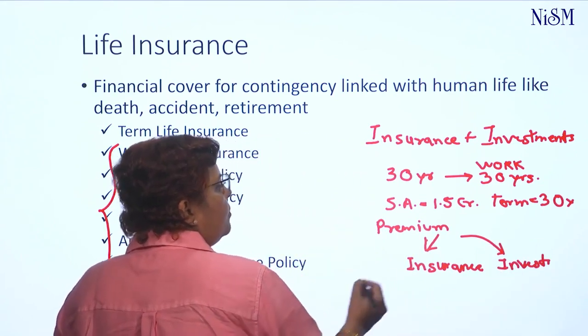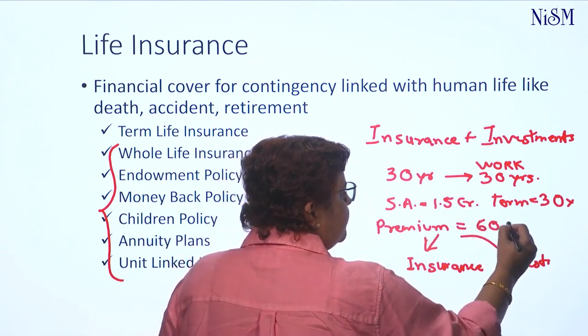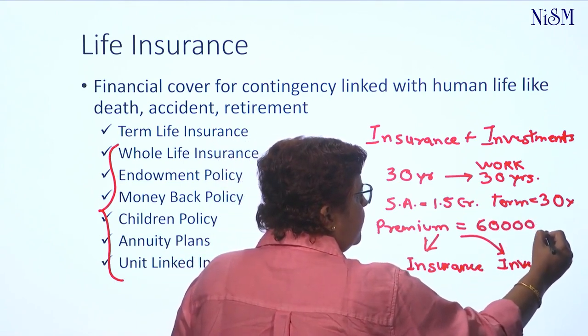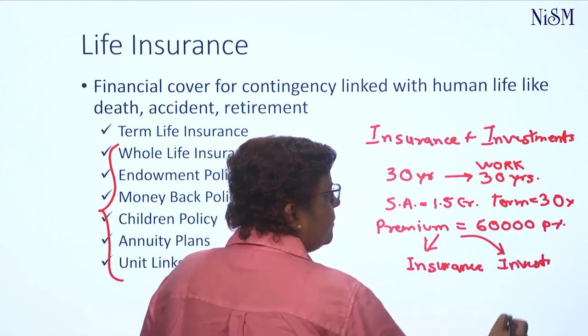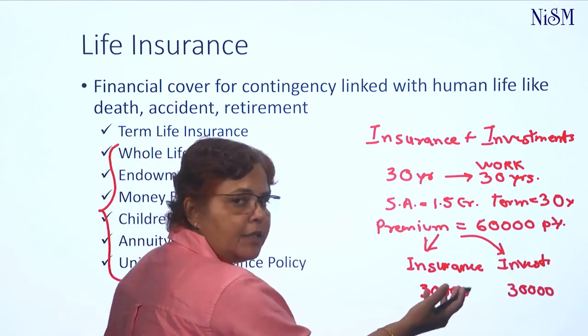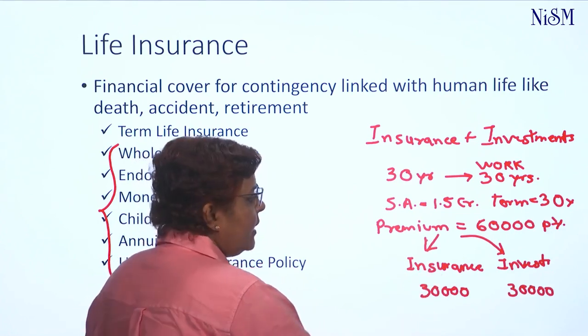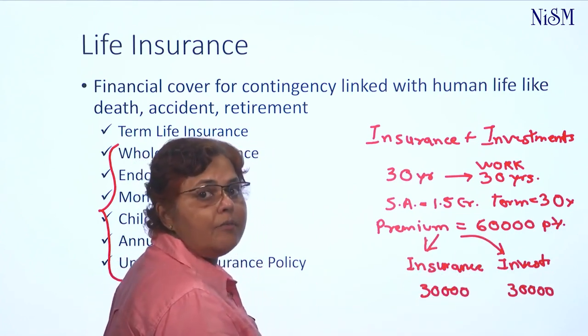So, let us assume that his premium is 60,000 rupees per year. Out of this 60,000, 30,000 is going to insurance and 30,000 is going towards investment.